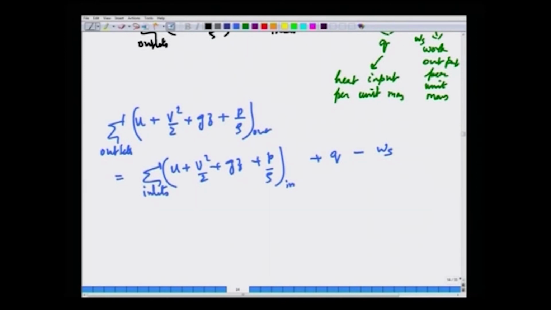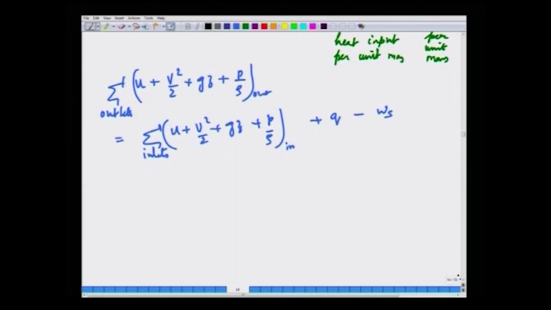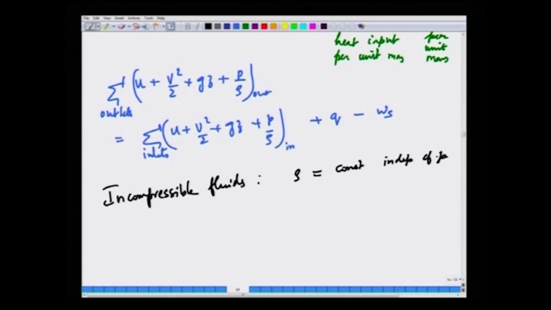Okay. Now, this is true for any fluid, but in fluid mechanics, at least in this course, we will now restrict ourselves to incompressible fluids, where ρ is a constant, that is, it is independent of pressure. There is no change in the density of the fluid because of pressure changes in the flow.